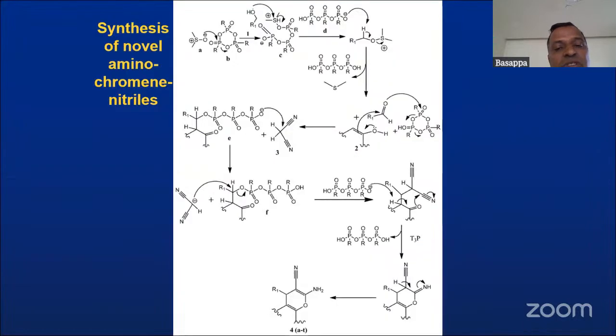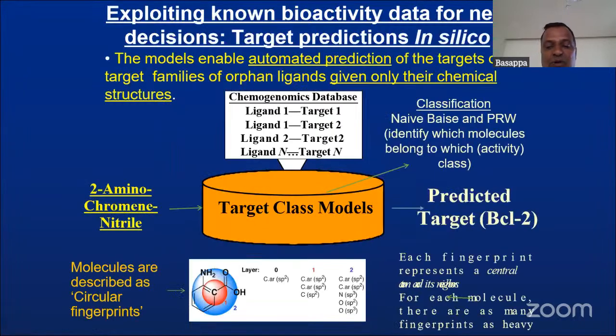This is the scheme of how we prepare these structures using T3P. Initially T3P and DMSO make a complex, and then the complex reacts with the amino alcohol moiety, followed by other reagent additions, and finally cyclization occurs to obtain the amino nitriles. The synthesis scheme is reported in the paper.